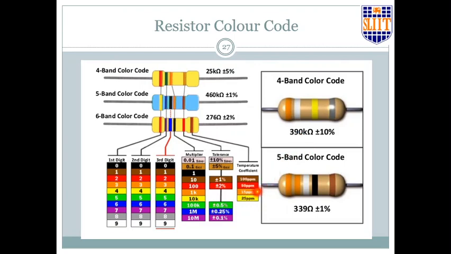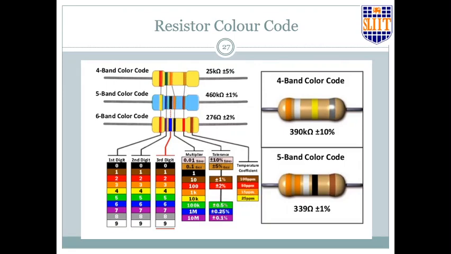In simple words, per 1 degree change in temperature, there will be a 100 ohms difference in the resistance value if the original resistance value is 1 million ohms. 100 ohms difference per 1 million ohms per degree.